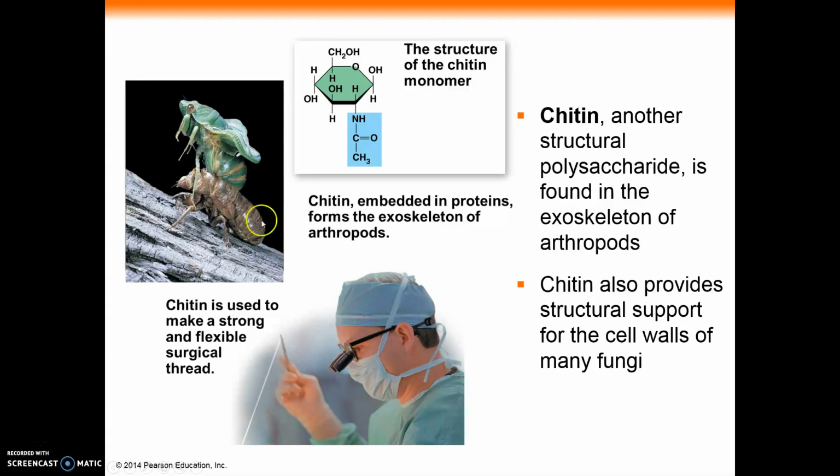Okay, this chitin material can also provide support in the cell walls of some fungi. We can utilize this material to build things such as surgical threads. So it's a very strong material, very flexible, and it is a natural material, so the body doesn't react to it.